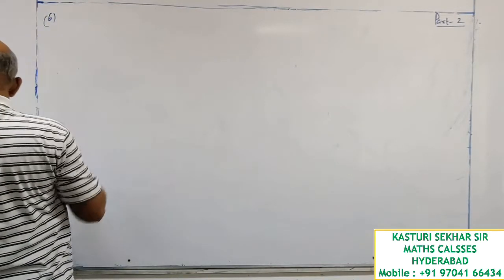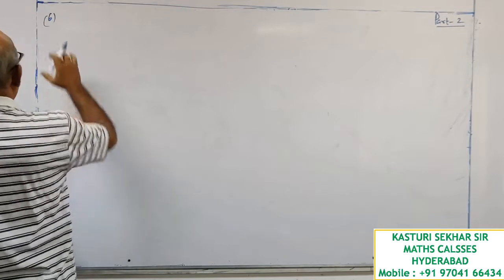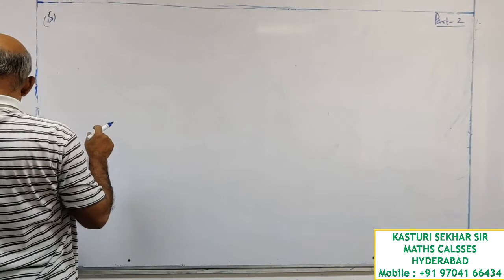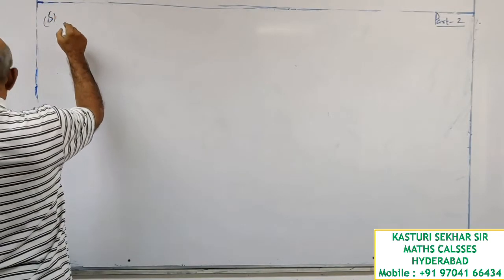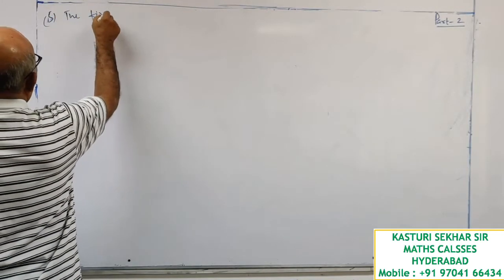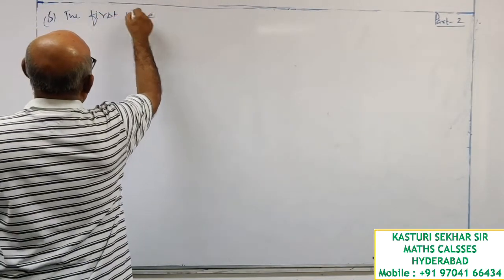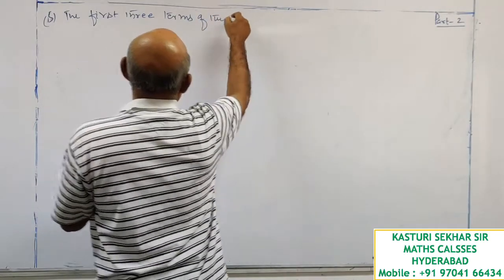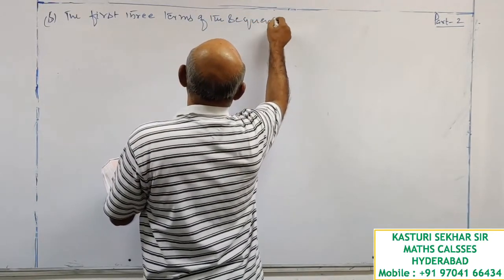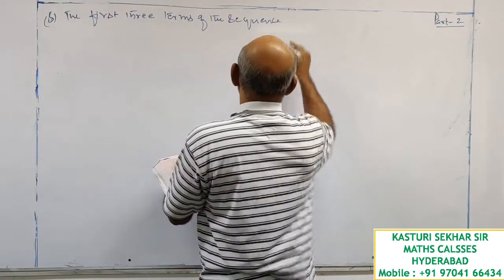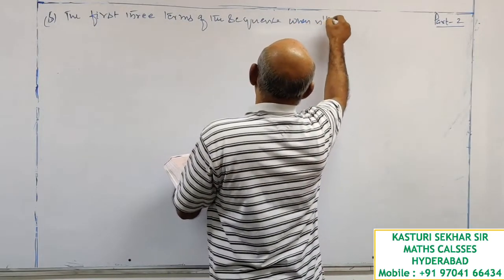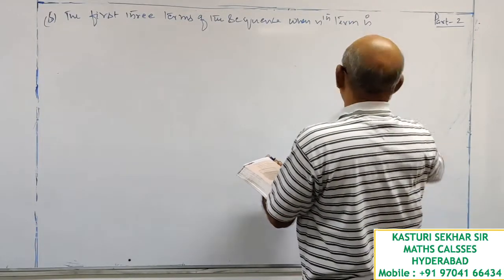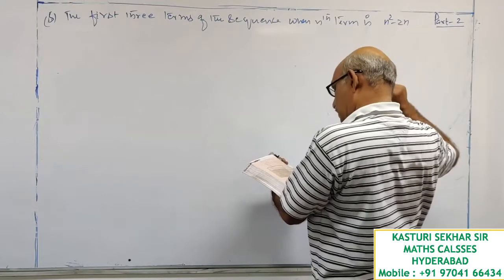Look at the fifth question. The first three terms of the sequence when nth term is n square minus 2n.